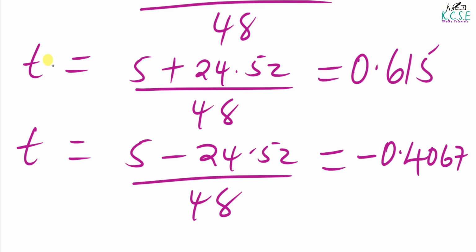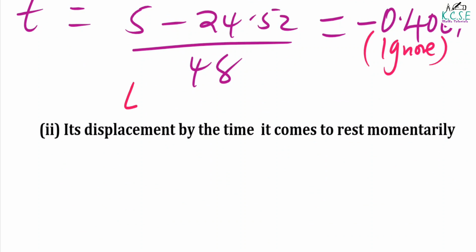Now we shall ignore the negative time, since we can't have a negative time. So t will therefore be 0.615. Now that is how we're supposed to solve that part.